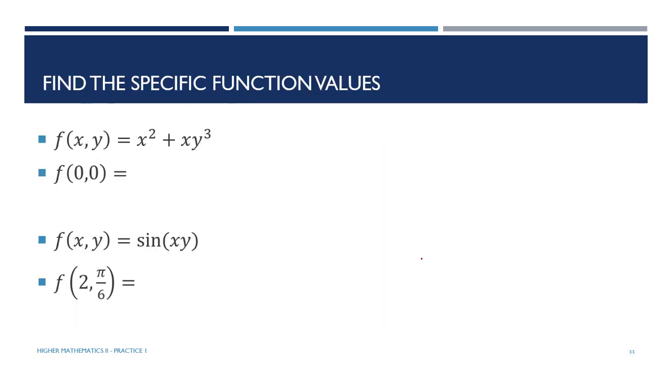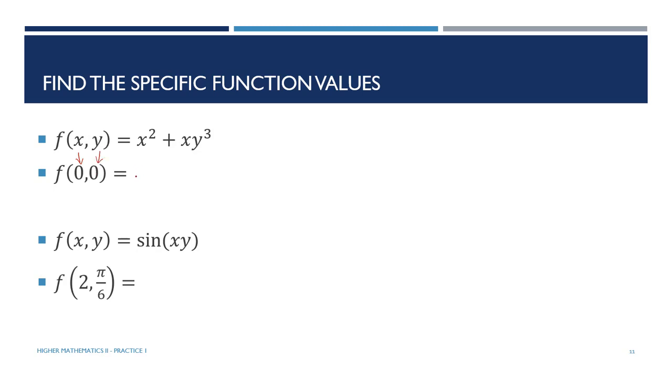Let's try to solve some simple exercises on functions of several variables. The first exercise says f of x, y equals x squared plus x y cubed. Find the specific function values. This is the function and this is the specific value. We have to find f of 0, 0. What is this 0? The first 0 means x. The second 0 means y.